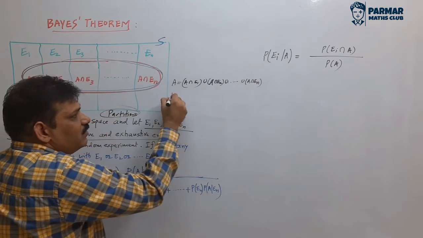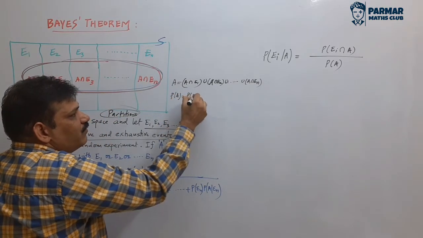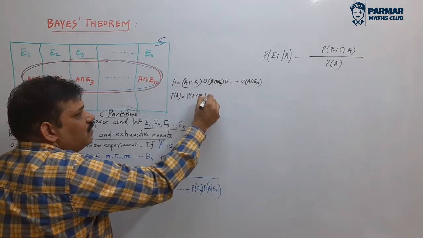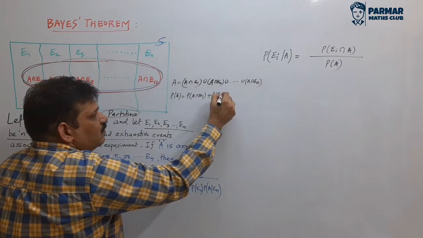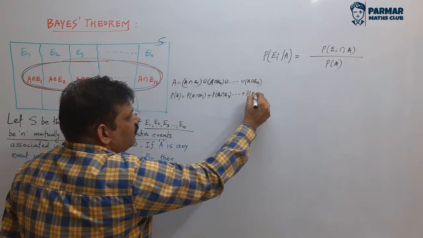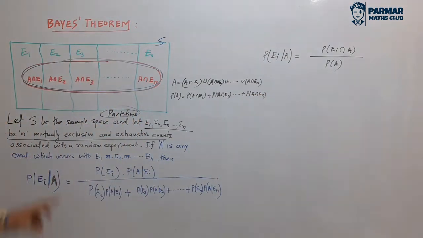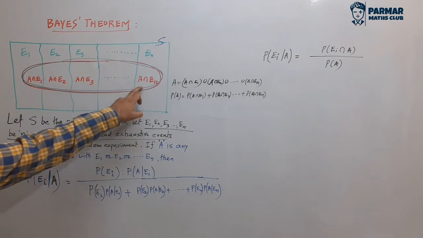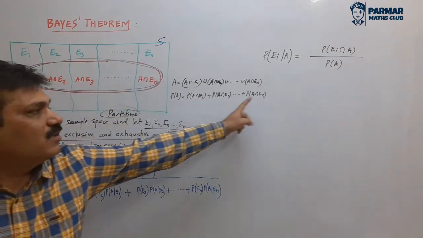So obviously the probability of A will be equal to P(A intersection E1) plus P(A intersection E2) and so on up to P(A intersection En). Because these are disjoint events, the probability is equal to the sum of these.